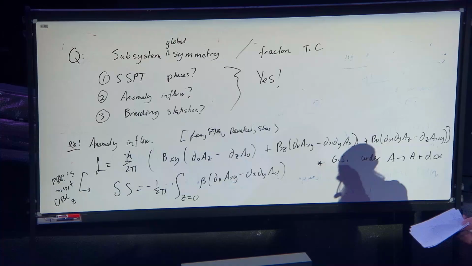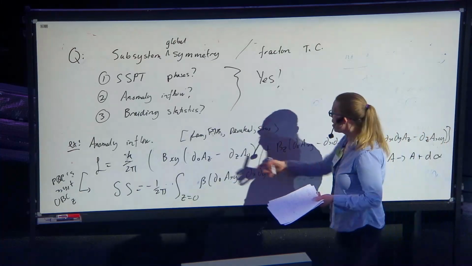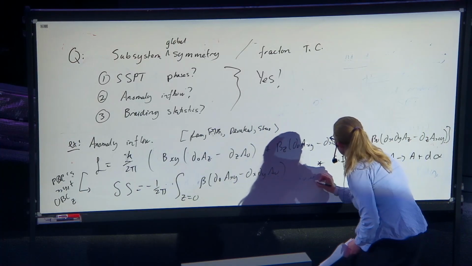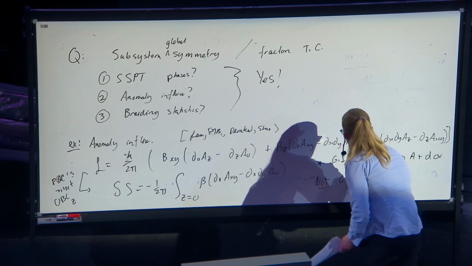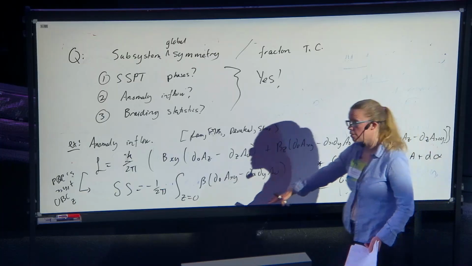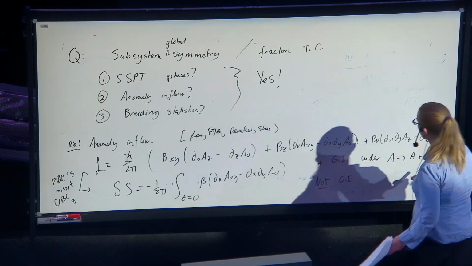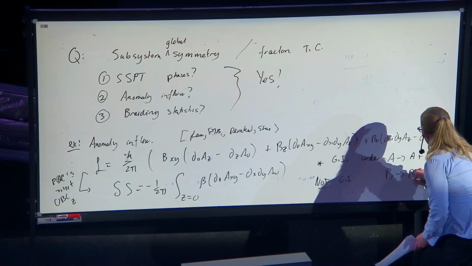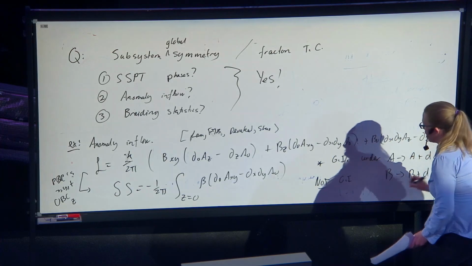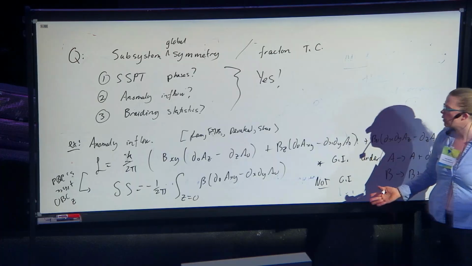These are the appropriate derivatives. But when I did that, I sacrificed the gauge invariance. I had this boundary term for B goes to B plus D beta, right? So I sacrificed the gauge invariance of B.